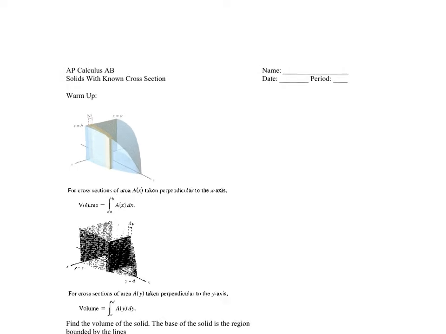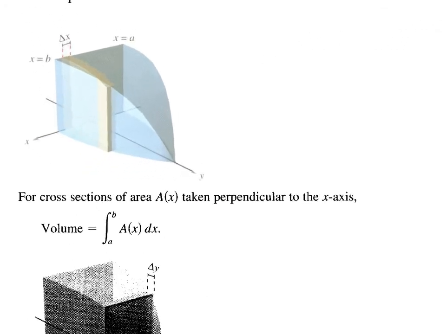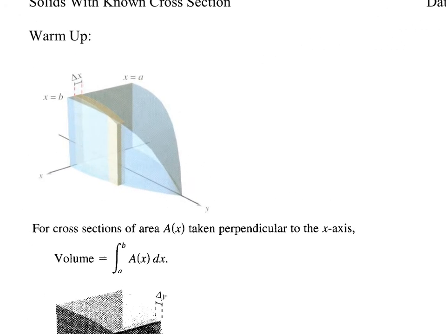All right, so first of all, you'll notice we have this object here that's formed, and you can kind of see it comes to a point. But the cross section in this case is taken perpendicular to the x-axis. Now I know that's kind of hard to read, it didn't print out really well. That's the x-axis and that's the y-axis. Okay?